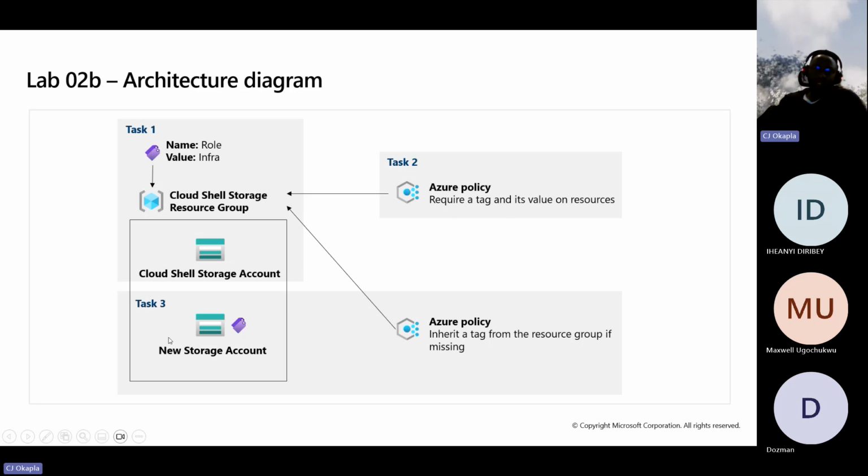Then in task 3, you have the resources created, the cloud share storage account and a new storage account. The Azure Policy would inherit the tag from the resource group if missing.